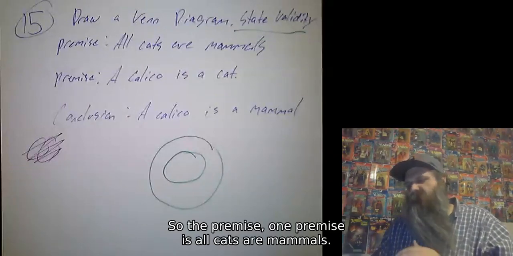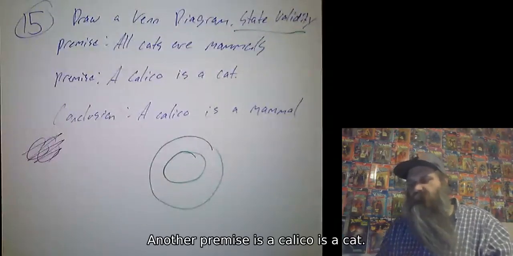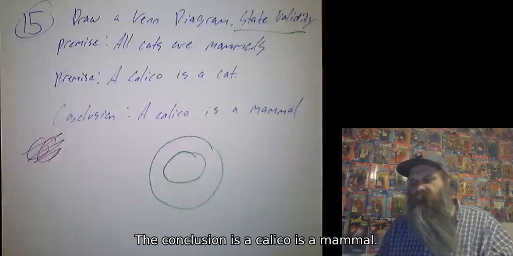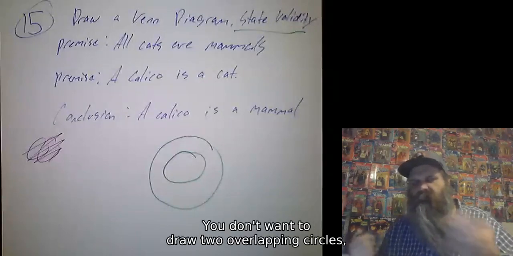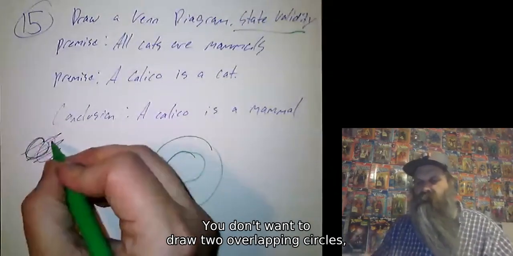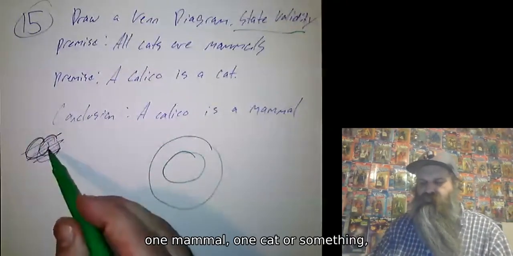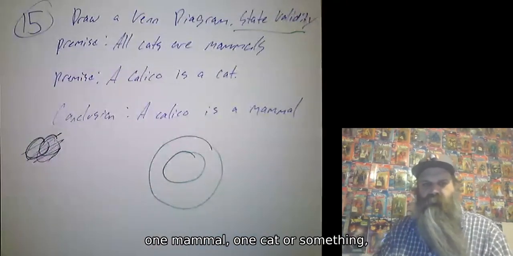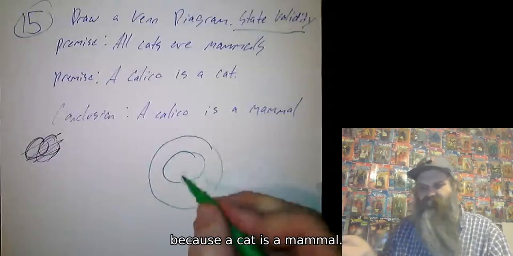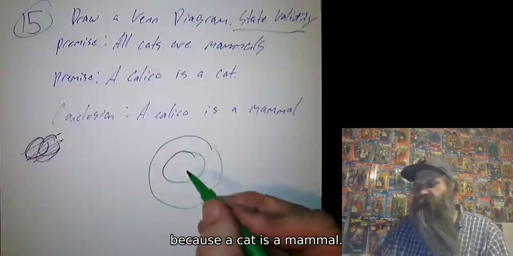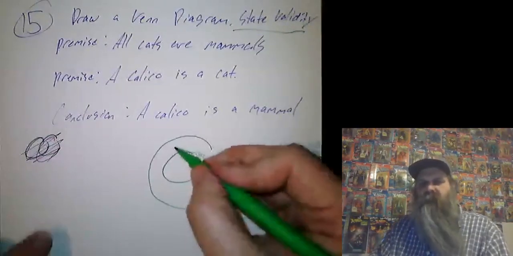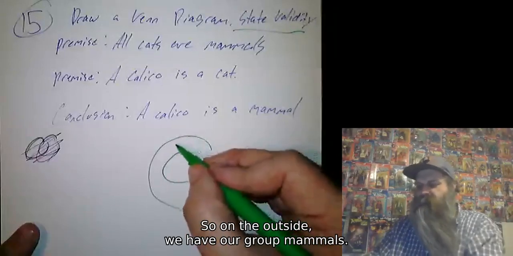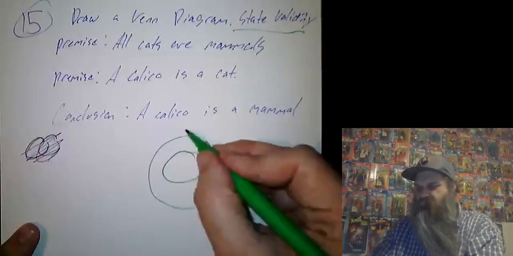So one premise is all cats are mammals. Another premise is a calico is a cat. The conclusion is a calico is a mammal. You don't want to draw two overlapping circles, one mammal, one cat, because a cat is a mammal. So on the outside we have our group mammals.